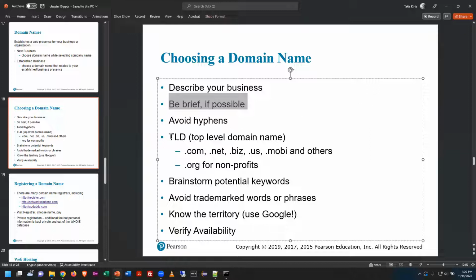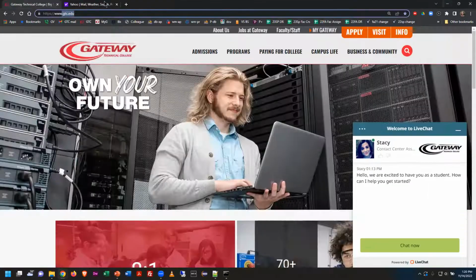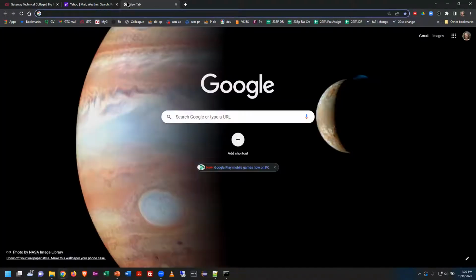There are what we call top-level domains in the web, and so you'll recognize some of these. .com is obviously the big one, but there's also .net, .biz, .us, .mobile, .edu, .gov, .mil, right? Those are what we call top-level domains. And what I like to do for this in particular is kind of demonstrate that a little bit.